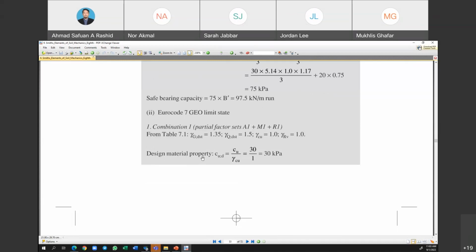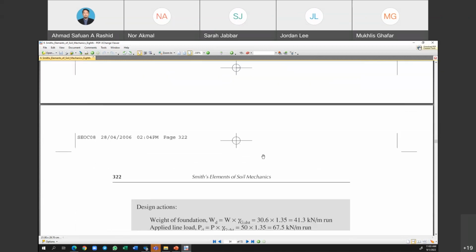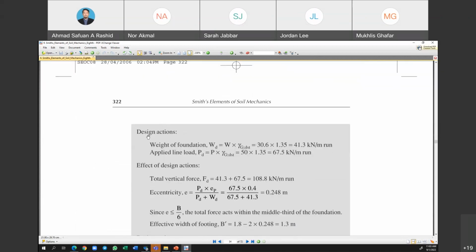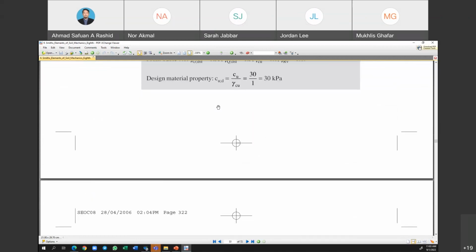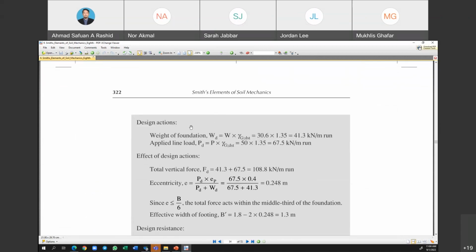Design material property, CU over gamma CU, equal to 30. Then we start to apply: for the material we need to divide, however for the loads we need to multiply. Design action, weight of the foundation, W, which we have calculated previously, times 1.35, we obtain 41.3.